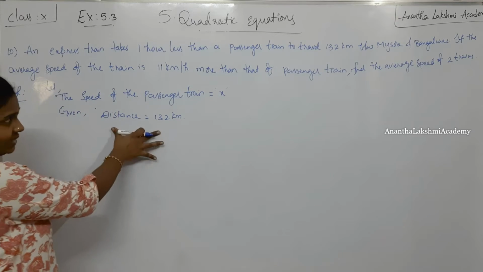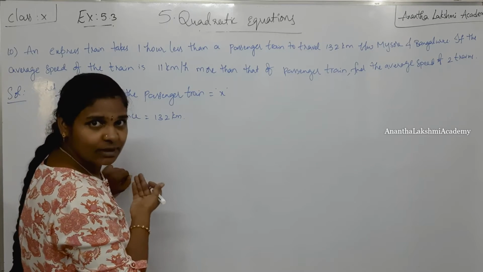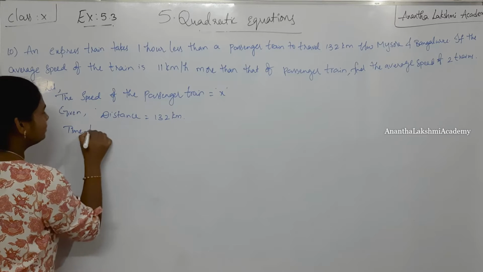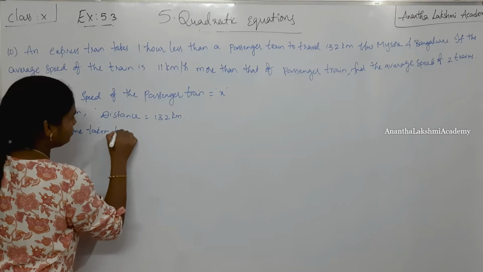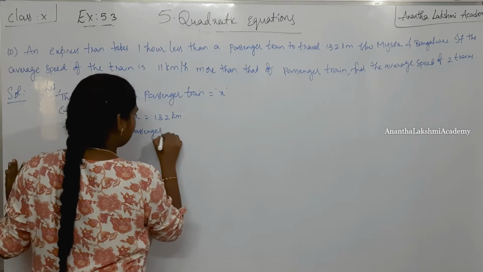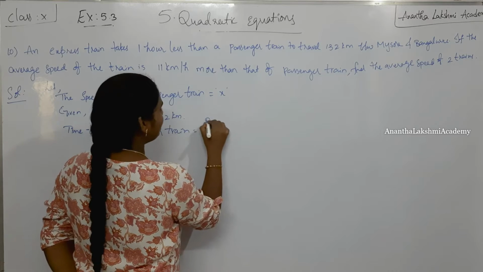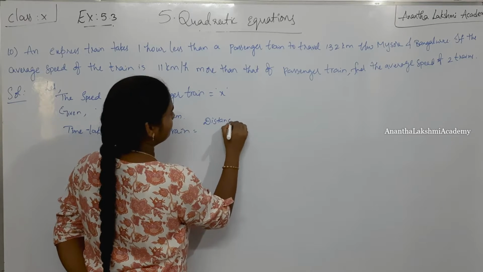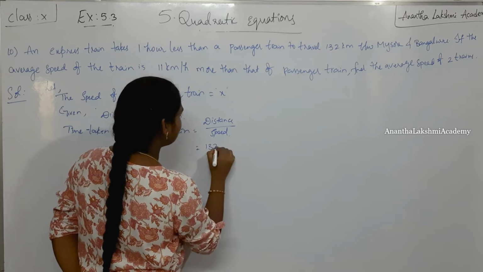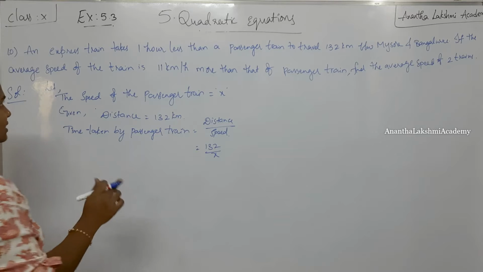Now, you have the distance and the speed of the passenger train. Can we derive the time taken by the passenger train? Yes. Time taken by the passenger train is equal to distance by speed, which is nothing but 132 kilometers divided by x.